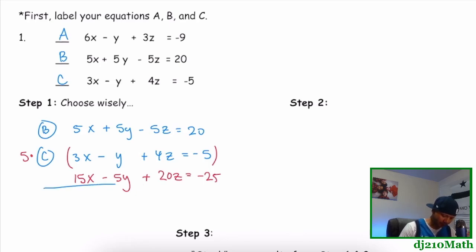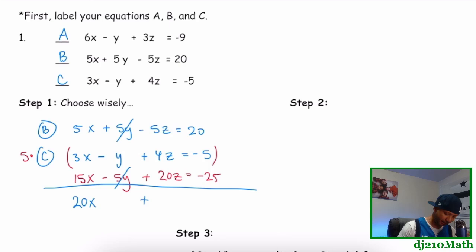So now, when I add these up, the y's are going to cancel. So you always add after you multiply through. 5 plus 15 is 20x. 5y minus 5y cancel, which is what I wanted to happen.